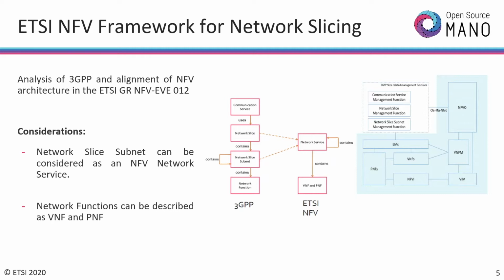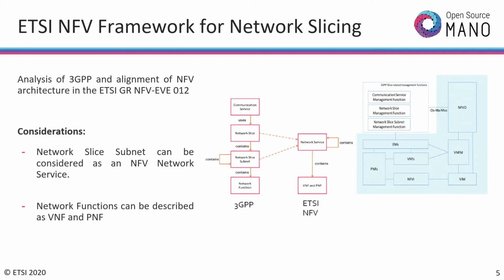You don't want to replicate the core multiple times, but you want to use only one. So this important characteristic, the sharing of a network slice subnet, is present in network slicing.